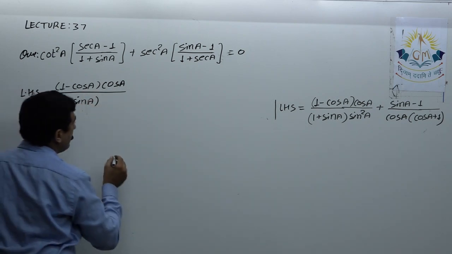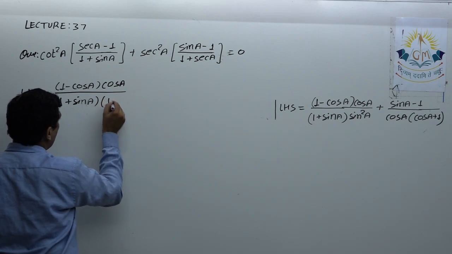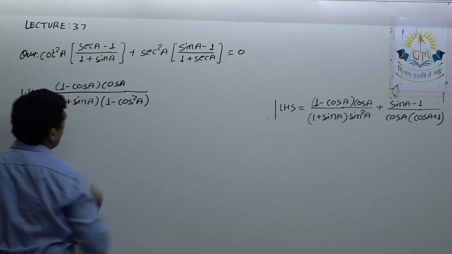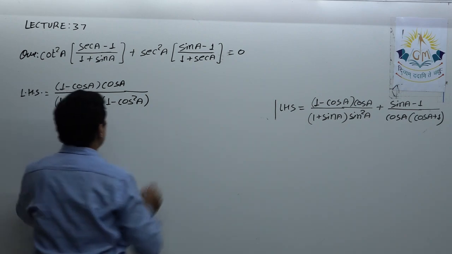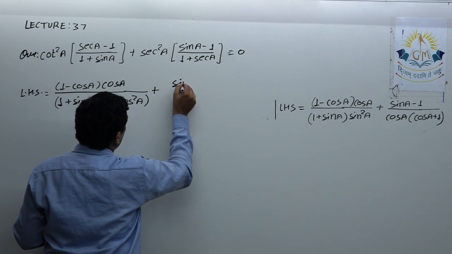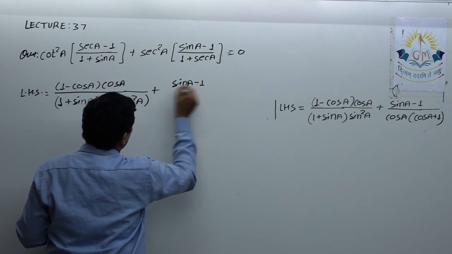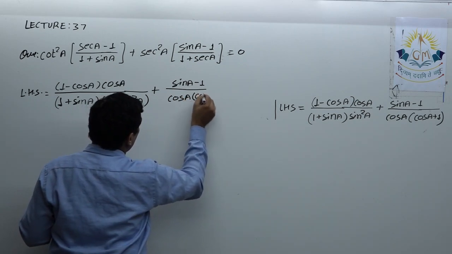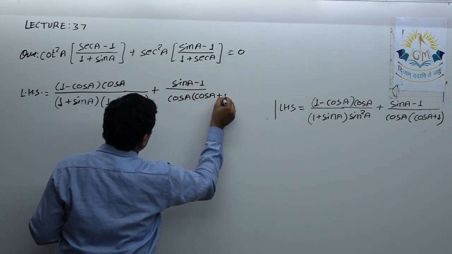And here it is sin square A, so here I can write 1 minus cos square A, because sin square A plus cos square A is equal to 1, plus here I have sin A minus 1 upon cos A into cos A plus 1.